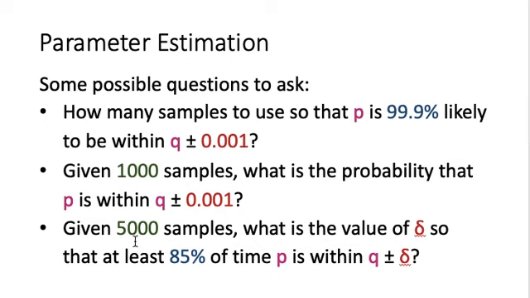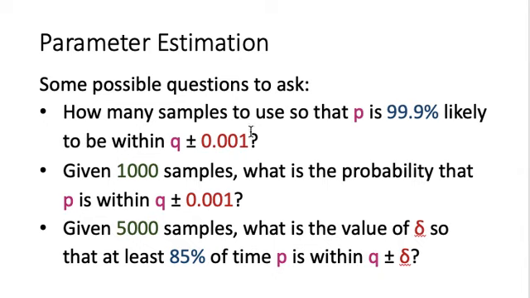Or suppose that we have 5,000 samples, then what is the delta that we can claim so that 85% of the time the actual probability of infection, this P, is within Q plus or minus delta?